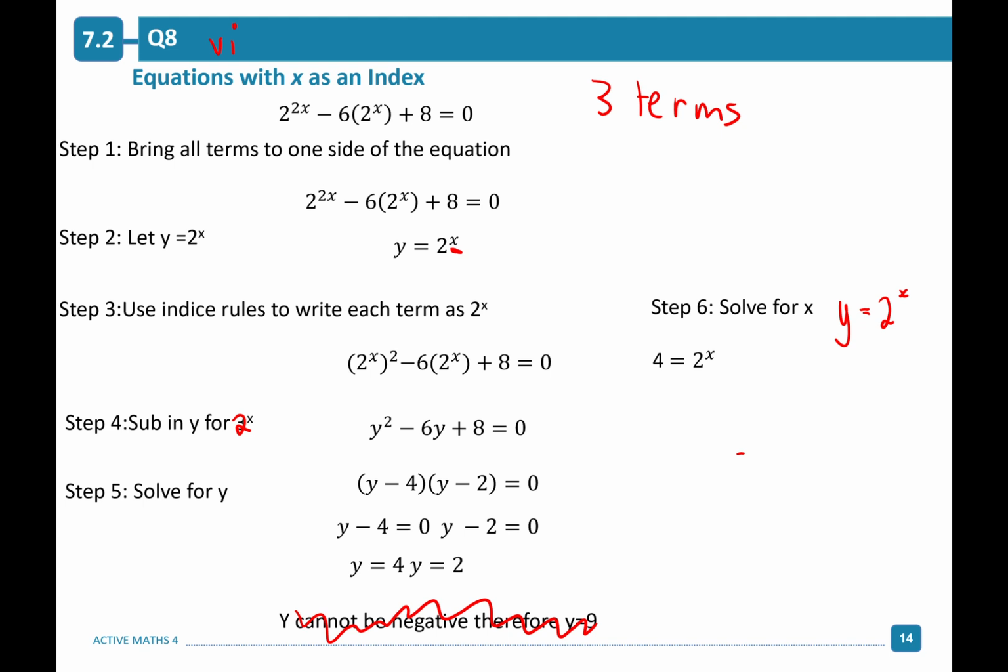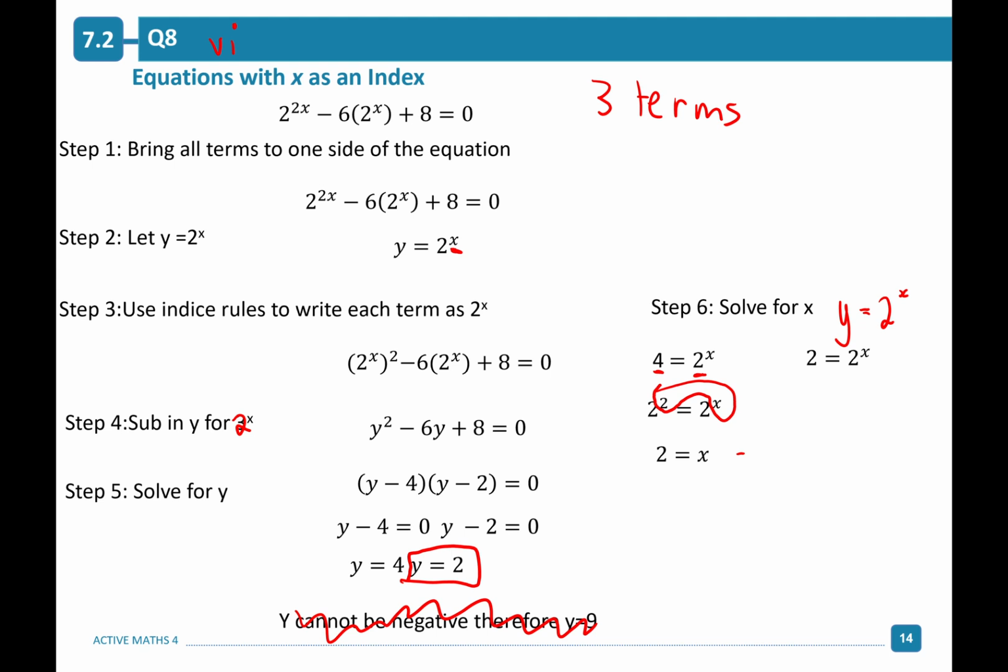4 is equal to 2 to the power of x. To solve for x, I need to write my terms with a common base. 4 is the same as writing 2 squared. So 2 squared is equal to 2 to the power of x. And to solve for x, equate your indices. Now we're not done yet. x can be equal to 2, but we will also get an answer when y is equal to 2.